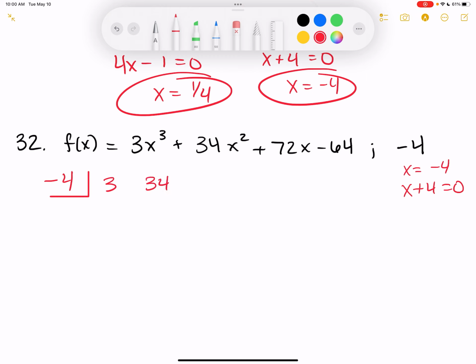3, 34, 72, -64. These ones have been nice. They haven't left out terms. What? I said these ones have been nice. They haven't left out a term. Oh, yeah. Pre-cal book's not that nice. It'll be like x to the 5th, x, constant, to fill in a bunch of zeros.